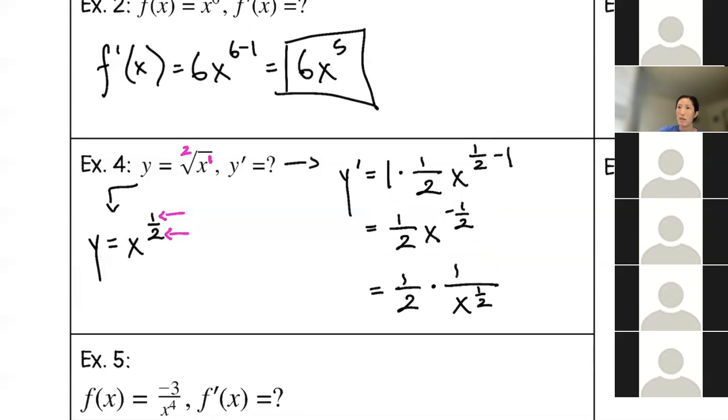Yes, okay. One last thing to change, because again, I don't think this is going to be an answer in a textbook, is we're going to combine these into one fraction and we're going to turn that x to the 1/2 into the square root, like Sophia said. So 1/2 root x.